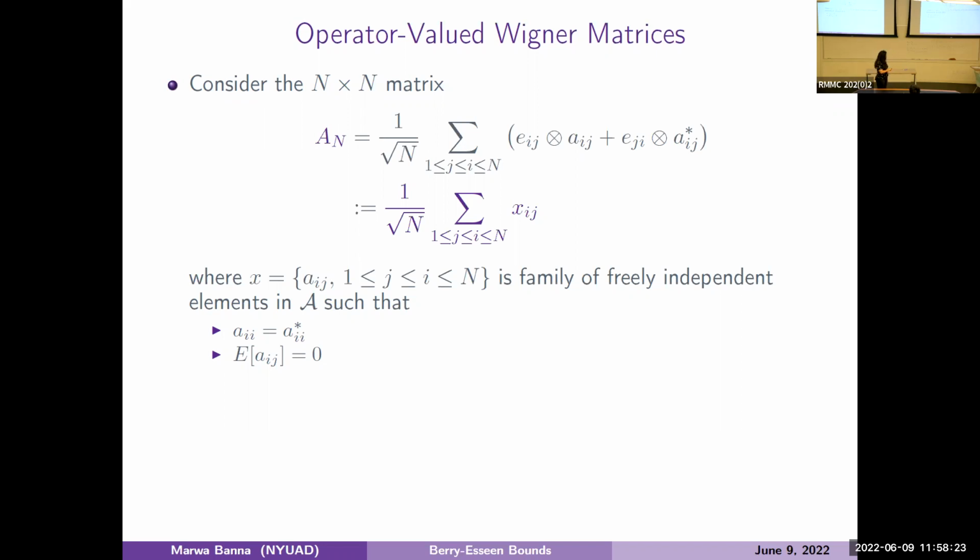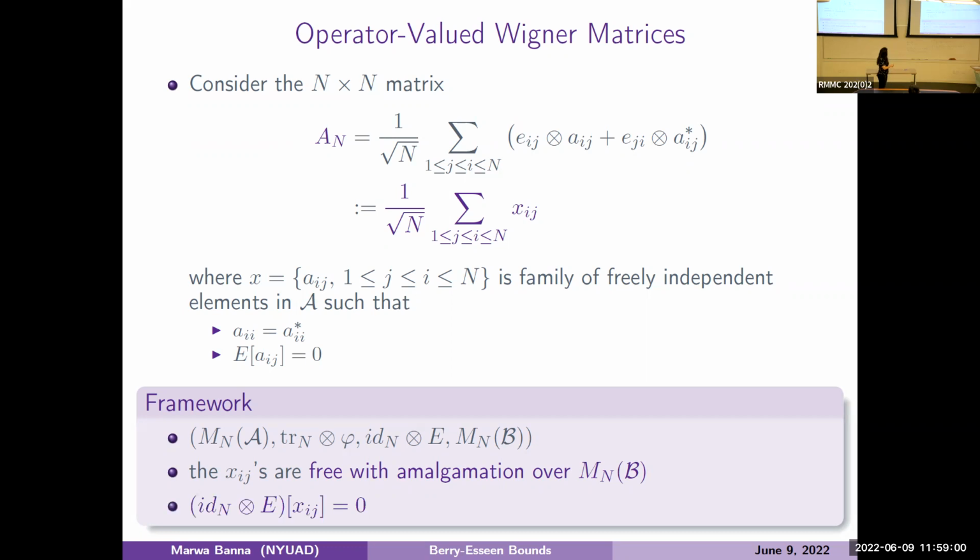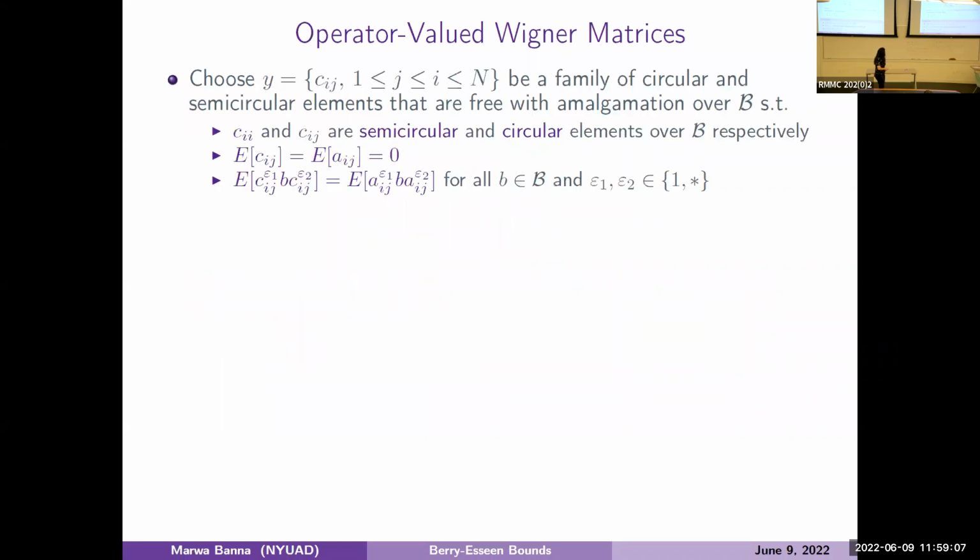And we note that if we call this term xij, those xij's are now freely independent with amalgamation over Mn of B. So here we just change our framework, but we still have the sum of freely independent elements, now in the operator valued probability space consisting of matrices whose entries are in A, with the conditional expectation being the identity tensor E. And if these AIs are centered with respect to E, then the xij's are also centered with respect to the identity tensor E. So we can repeat the same thing.